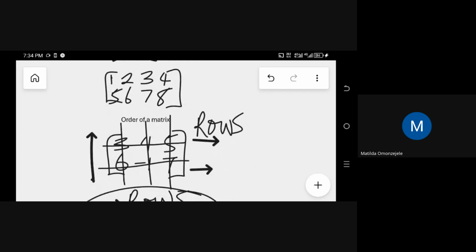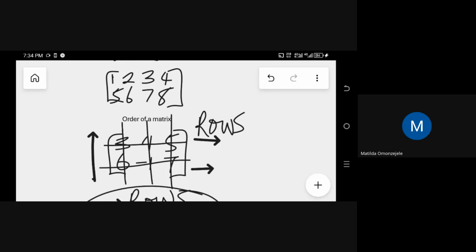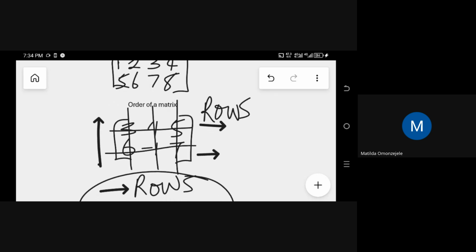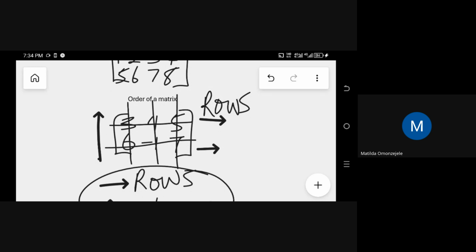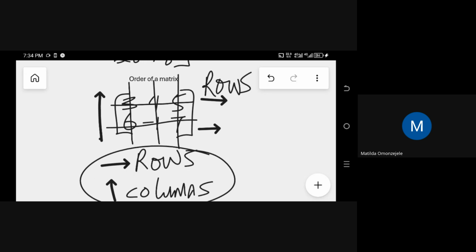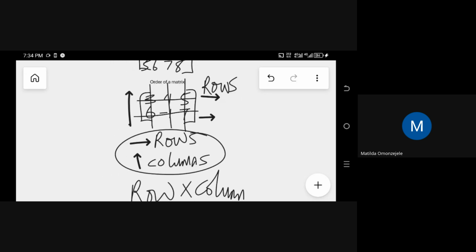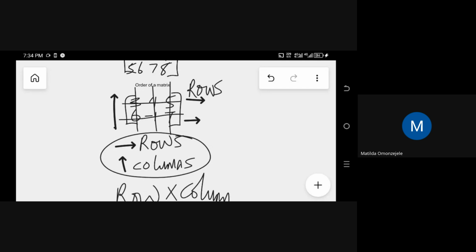Then we proceeded to how to order matrices, how to give a name to each matrix. We said that you have to count the number of rows by the number of columns. The rows are counted horizontally as illustrated here, while the columns are counted vertically.